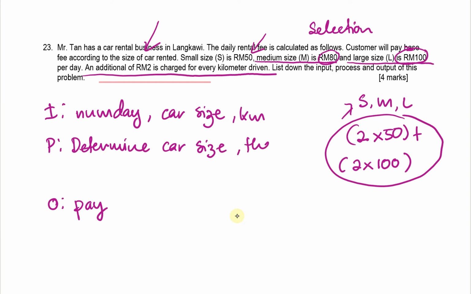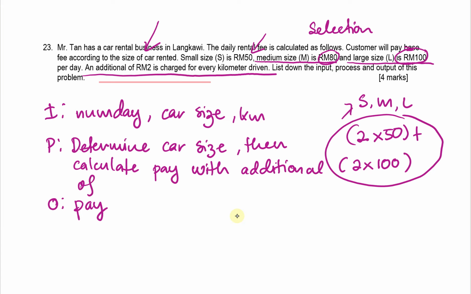Then you have to calculate pay, the output, with additional 2 ringgit for every kilometer driven. Actually if you want to write determine pay based on number of days, car size and every kilometer driven, that is also acceptable.